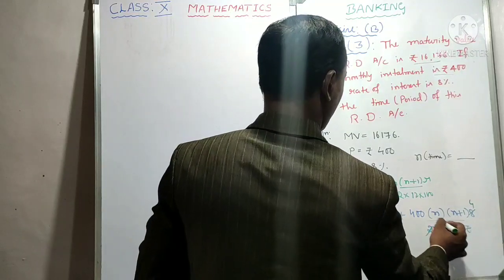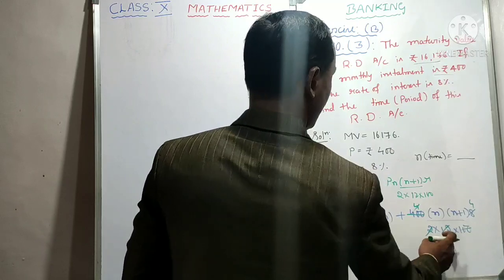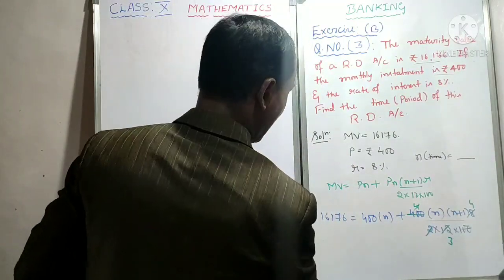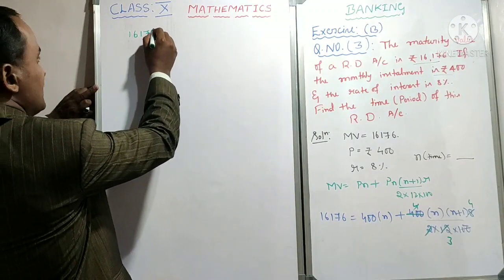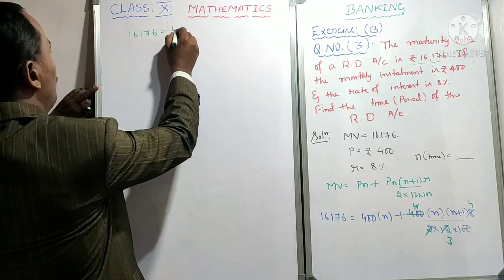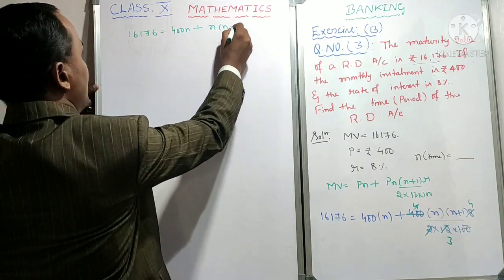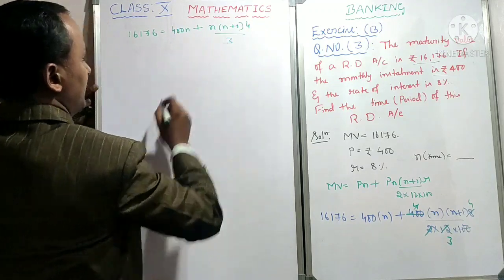Next 100 1s are 100, 100 4s are 4, 1s are 4, 3s are. Denominator we got 3, numerator we got 4. Now remaining I will write as it is here: 16,176 is equal to 400 N plus N of N plus 1 of 4 divided by 3 only.